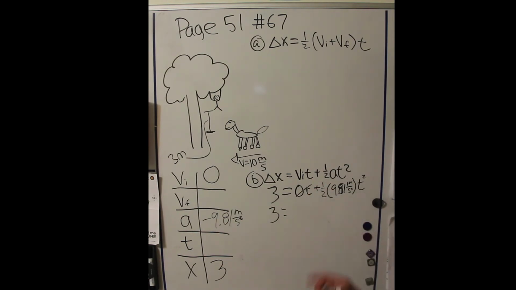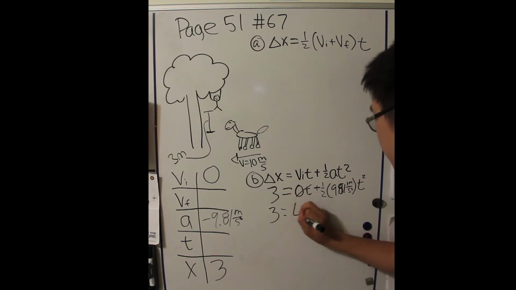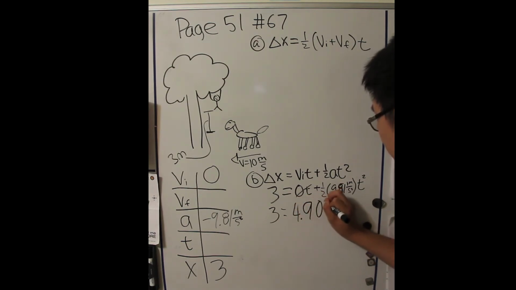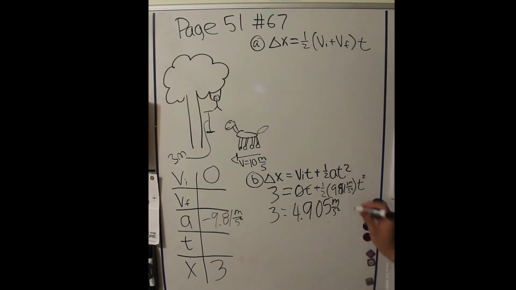So 1/2 times 9.81 meters per second squared is 4.905 meters per second squared, and that is multiplied by time squared.